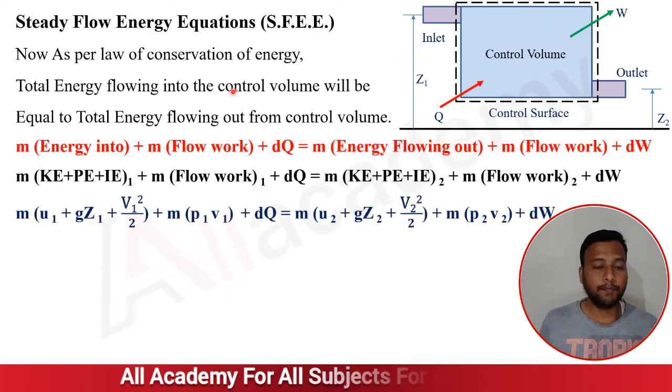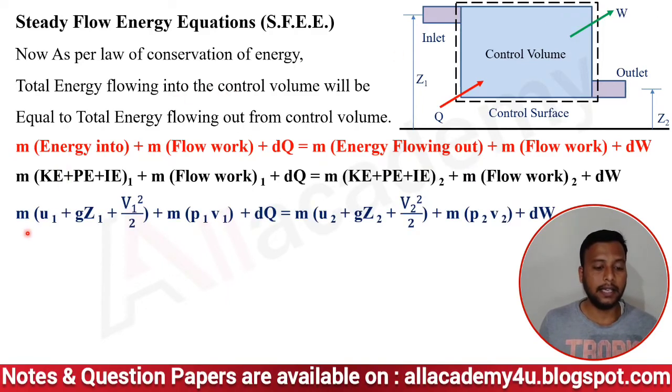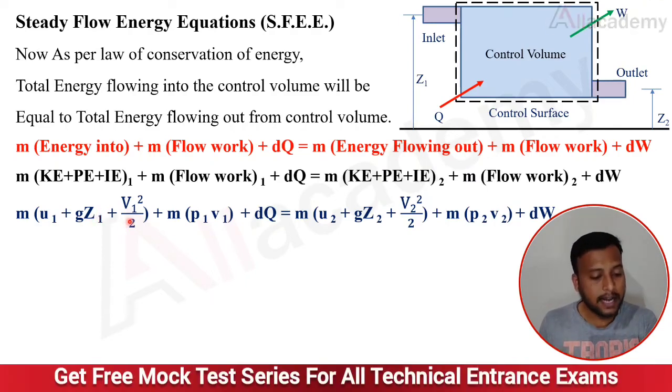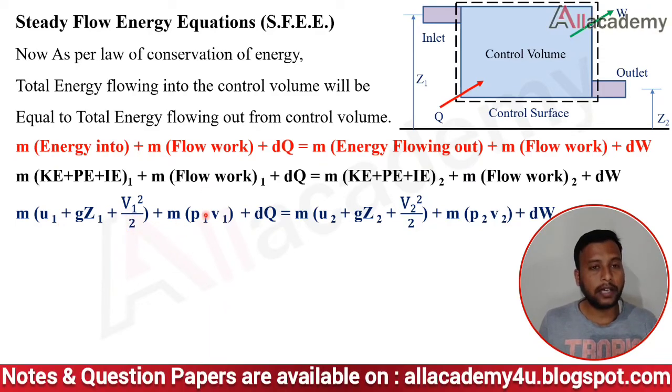Now this potential, kinetic and internal energy is given in the form m into u1 plus g into z1 plus v1 square, so this is the sum of potential energy, kinetic energy and internal energy. Flow work is given by m into pv, where p is the pressure and v the specific volume at condition 1.